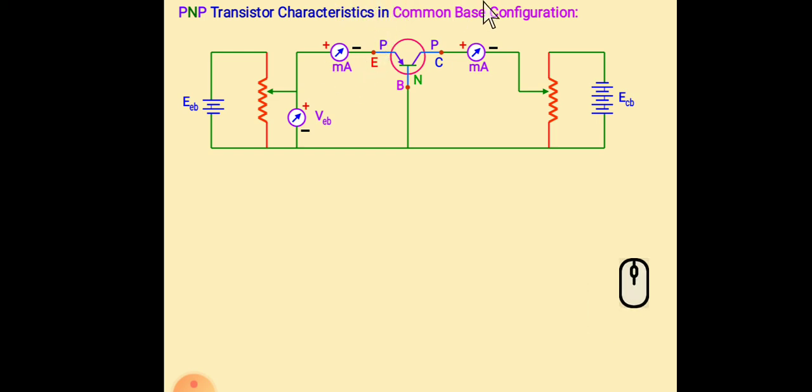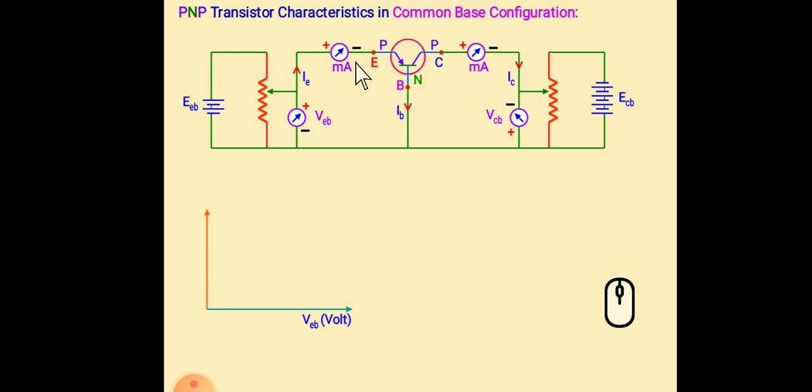Similarly here also we can find out the collector current. To get the collector base voltage, we need a voltmeter which is always connected in parallel. We have to remember that a voltmeter is always connected in parallel with the circuit and ammeter is always connected in series with the circuit. Here we have connected a voltmeter in parallel with the circuit, and this one is a rheostat. This is rheostat, this is voltmeter, and this one is ammeter.